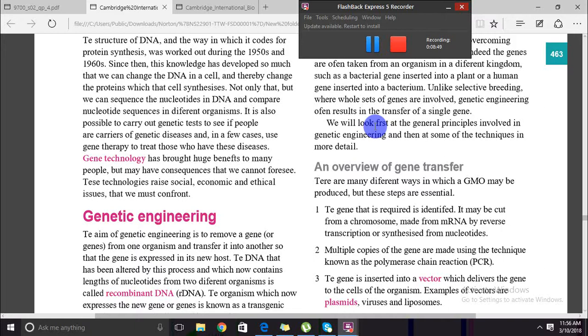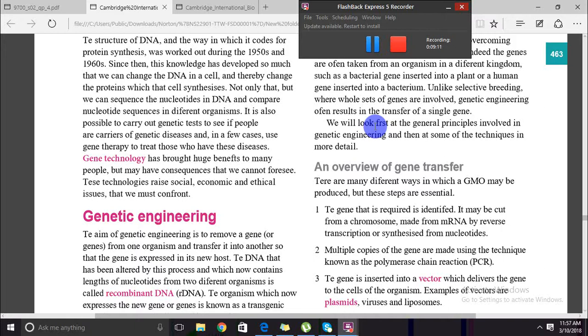And because bacteria reproduce asexually, all of the offspring will have that insulin gene and would be able to produce the insulin when given certain conditions, and the insulin that they produce can then be harnessed.